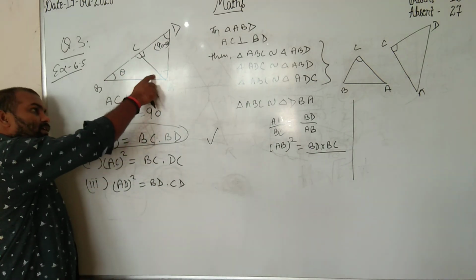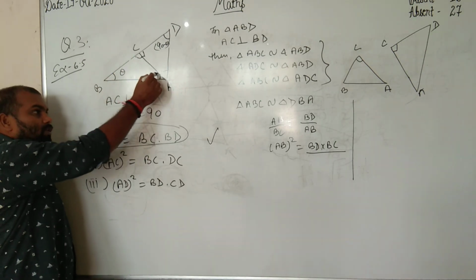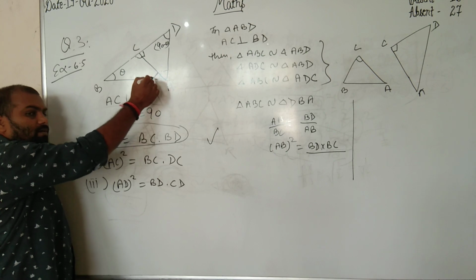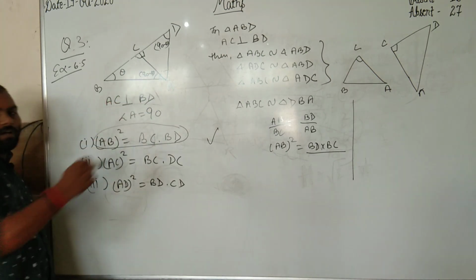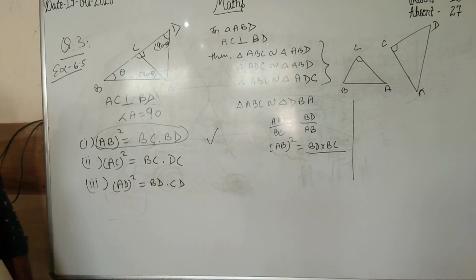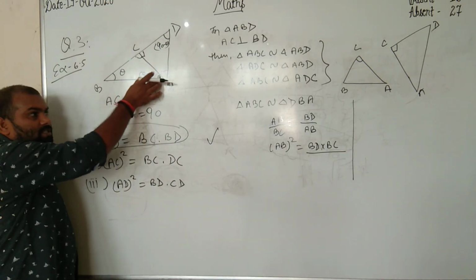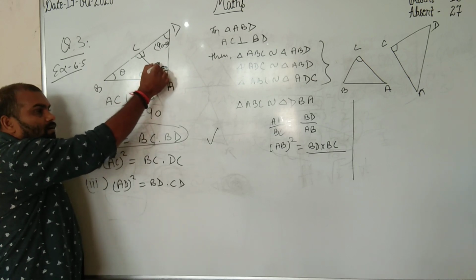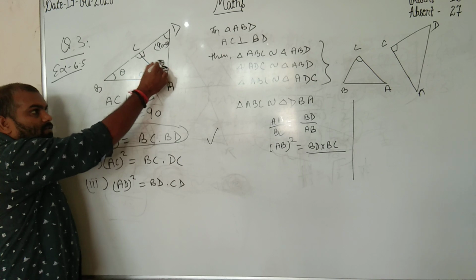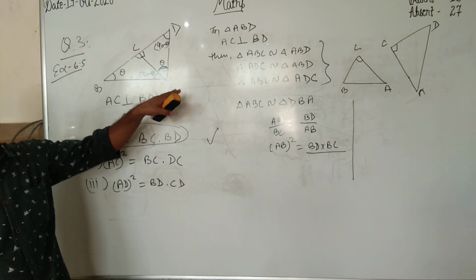Now if you see in this is 90, this is theta. What about this? 90 minus theta. Clear? Now this whole angle is 90. Out of this is 90 minus theta. What about this? Theta.